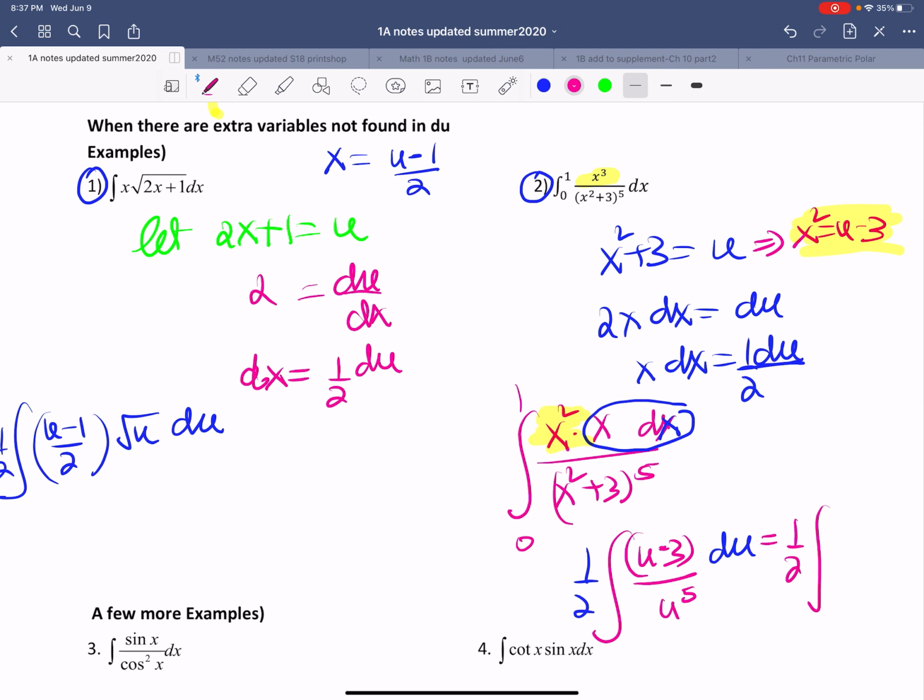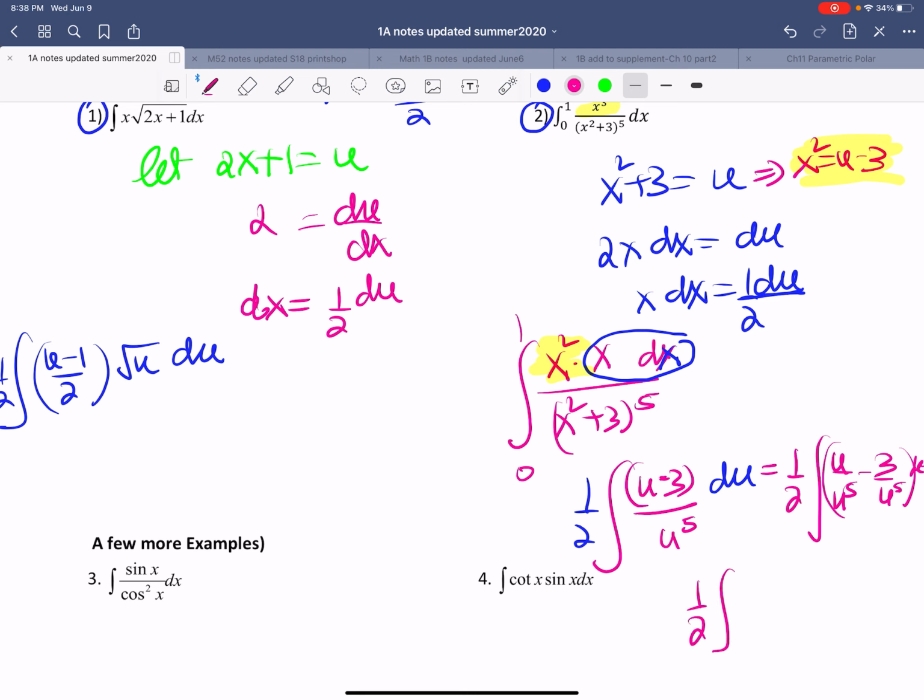We can separate u over u to the 5th minus 3 over u to the 5th du, and just simplify the integral from here. It should be a piece of cake. Simplify the powers of u here, times 1/2, so u to the power negative 4 minus 3u to the power negative 5 du, and then perform the integration. That would be all for this video.